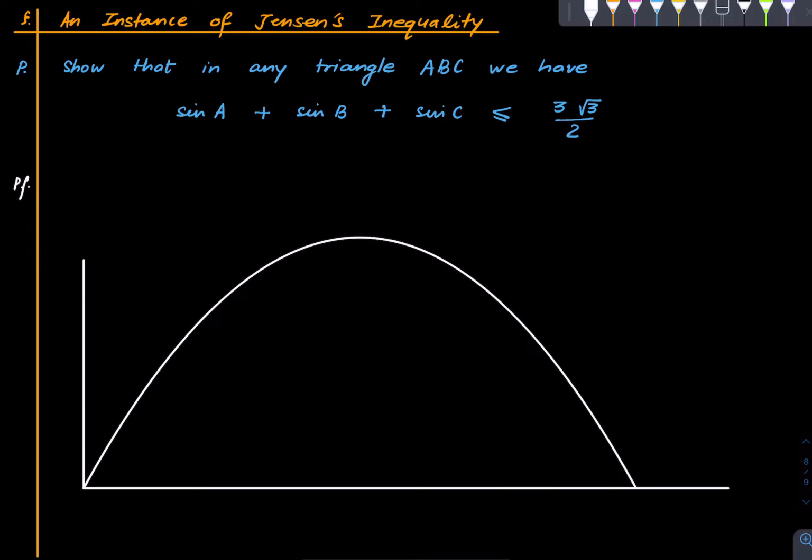So suppose this is the sine curve. This is 0, and this is pi radians. So let's work in radians. Doesn't matter. This is pi radians, and I hope you're familiar that the sine curve looks like this in this range. Okay, and we have the three angles. Let's say this is A, this is B, and this is C. All right.